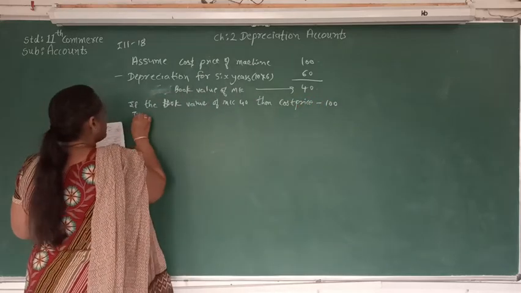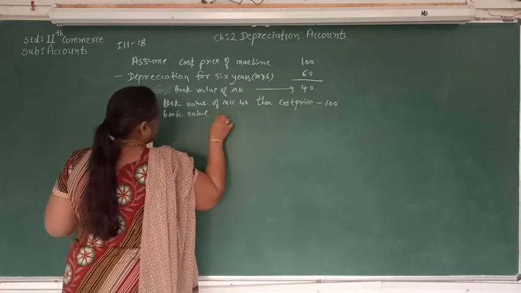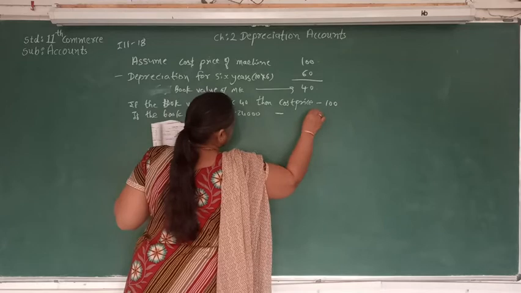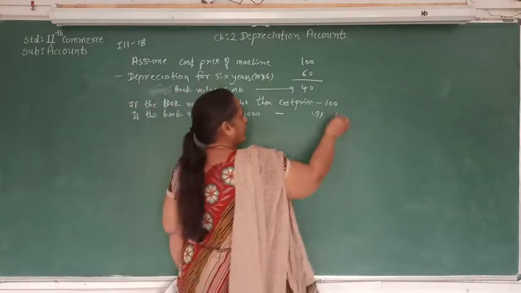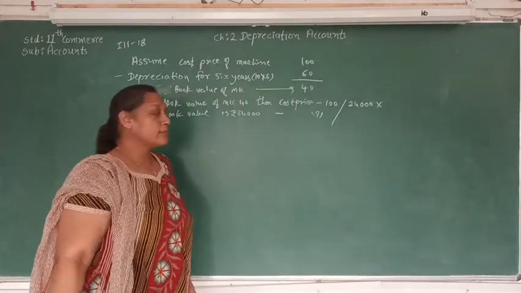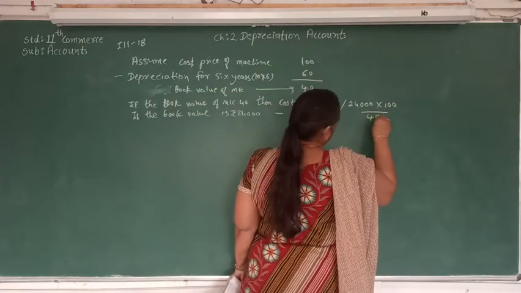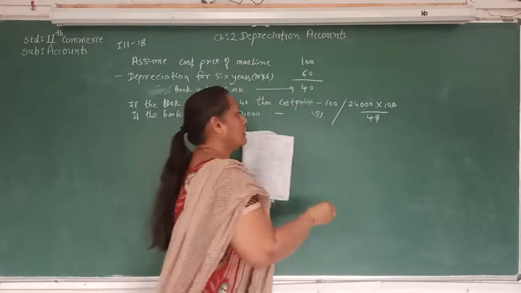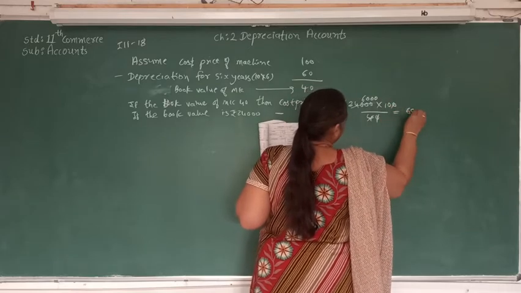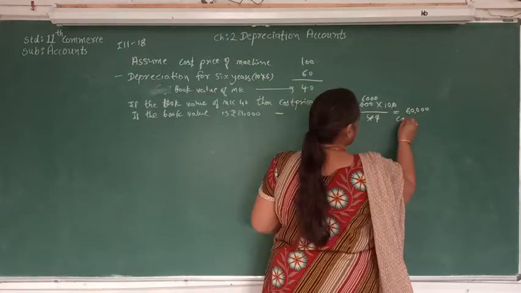Then if the book value is rupees 24,000, what is the cost price? So here we can make the cross multiplication, and that will be 24,000 into 100 upon 40. So this will be 6,000, and 6,000 multiplied by 10, so that will be 60,000. So this is the cost price of the machine.